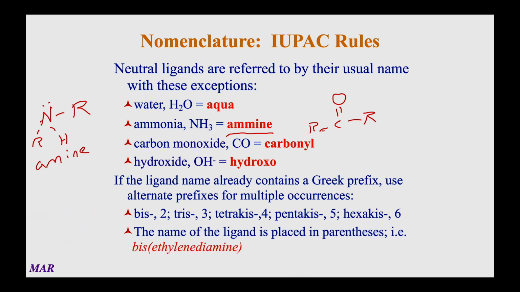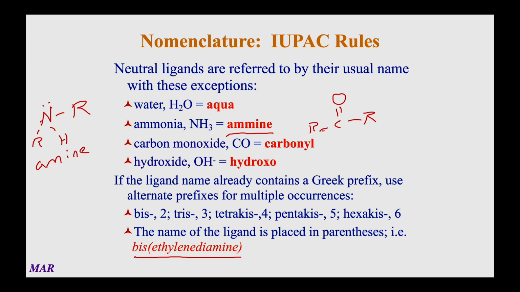And these are bis, tris, tetrakis. So for example, if you do have two ethylene diamines, you don't want to call it diethylene diamine because you're not sure where the di is referred to. What you would do here is call it bis ethylene diamine, and bis is just an alternate form of saying two. Tetrakis is 4, hexakis is 6, etc.